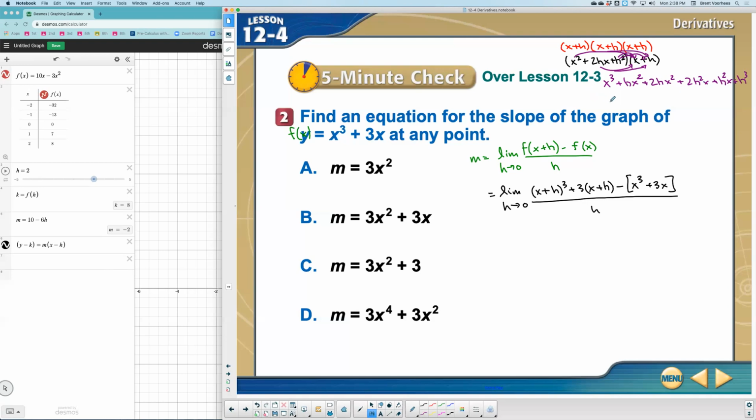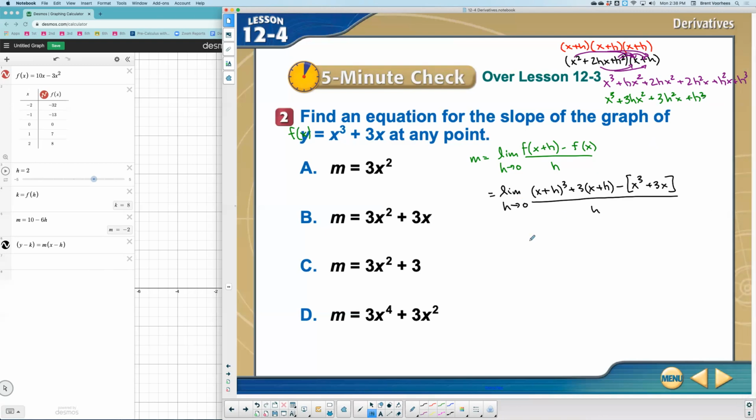And so when I simplify that, I would have x cubed plus, I'm sorry, not 1, 3 hx squareds, and then I have 3 h squared x's right there and there, and then 1 h cubed.